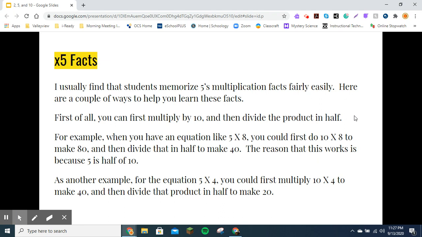And the last example we'll go over for today is 5 times 4. Take that 4, multiply it by 10, and that'll give you an answer of 40. In your head, you can divide 40 by 2 and that gives you 20. So you have two techniques there. You can do straight up memorization with your fives, or take the time to multiply a number by 10 and then divide by half, and that can give you the answer as well.